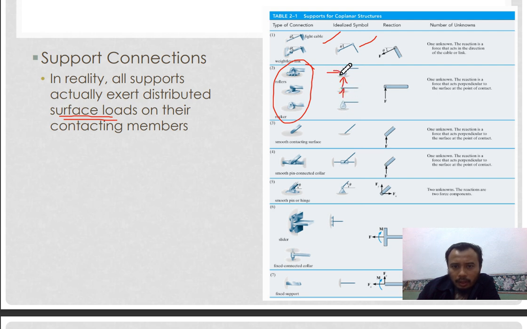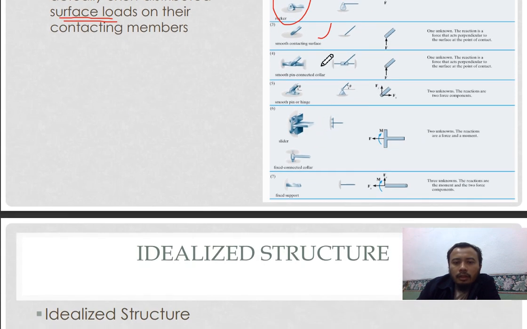There is no reaction horizontally, because the frame can move horizontally. And this is also considered a roller. This is a smooth pin connected collar. You have a pin here and then a fixed support here. And then this is the pin.